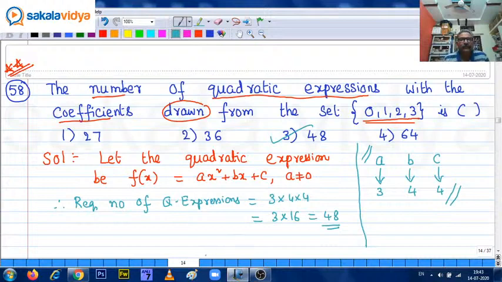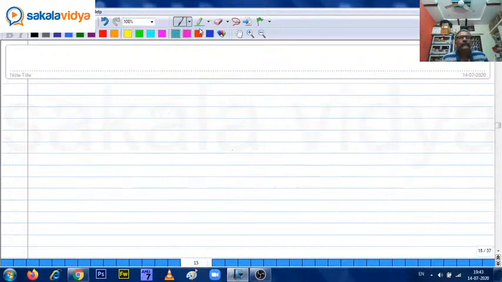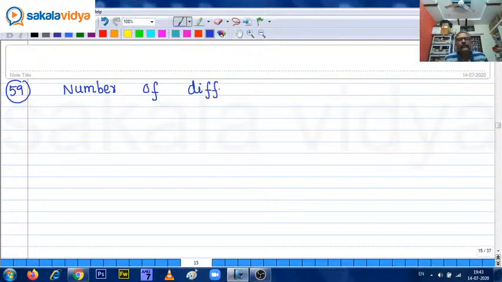Question 59: Number of different matrices.